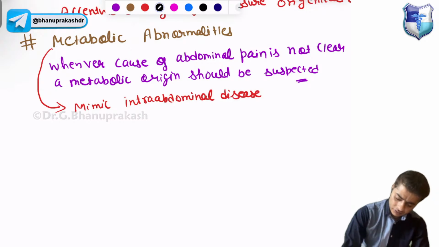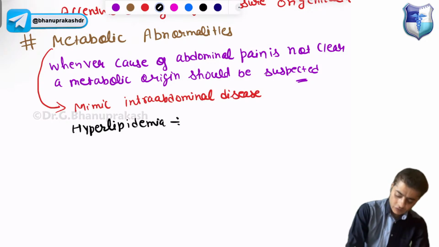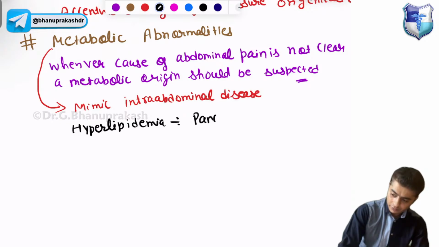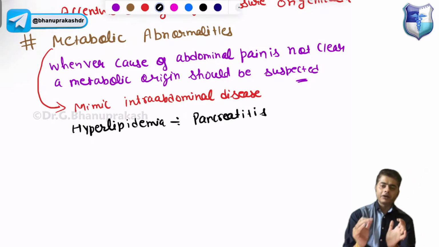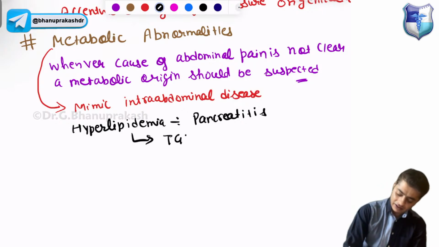We will start with first, your hyperlipidemia. What will hyperlipidemia result in? It results in pancreatitis, and especially in hyperlipidemia, which part? That is your triglyceride level above 400.